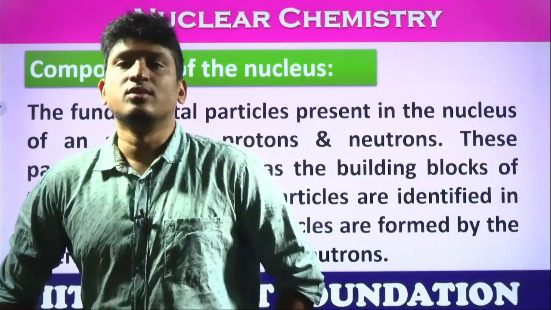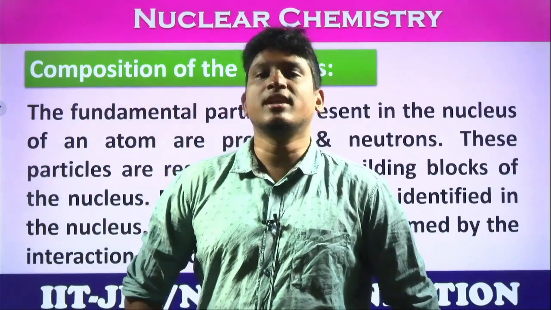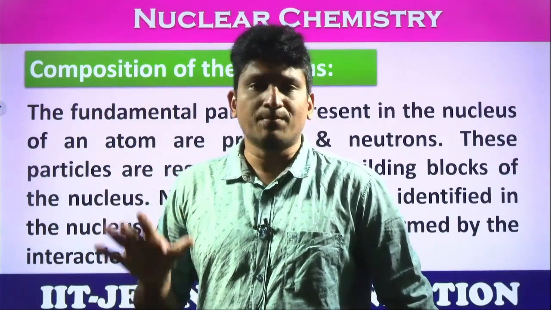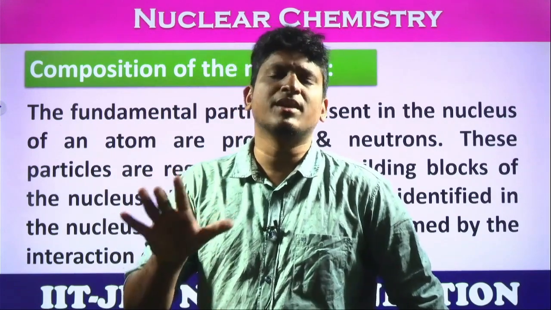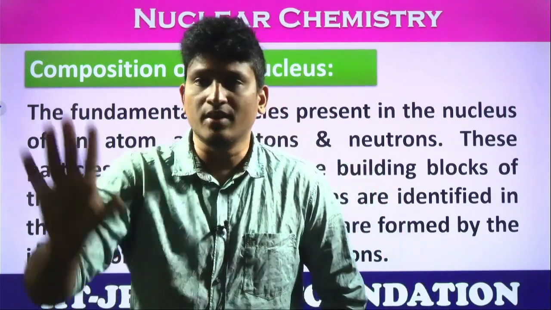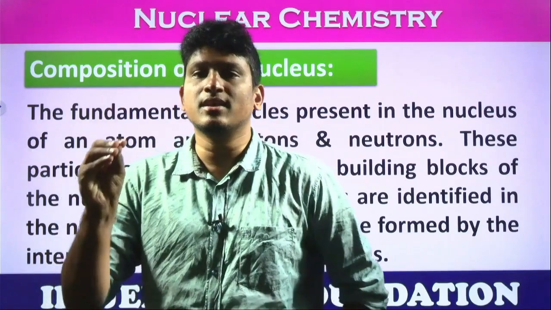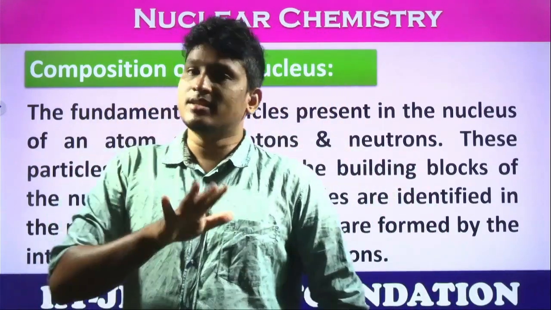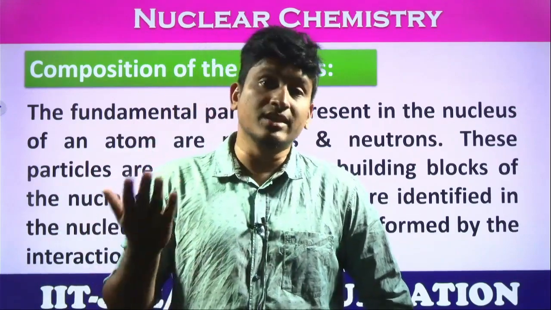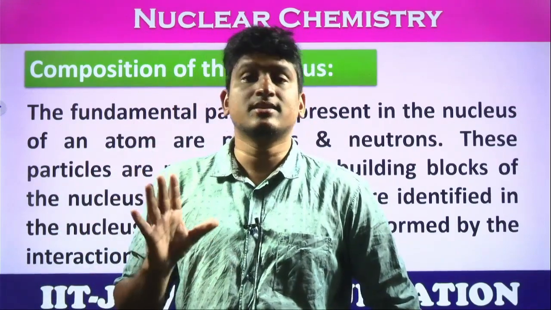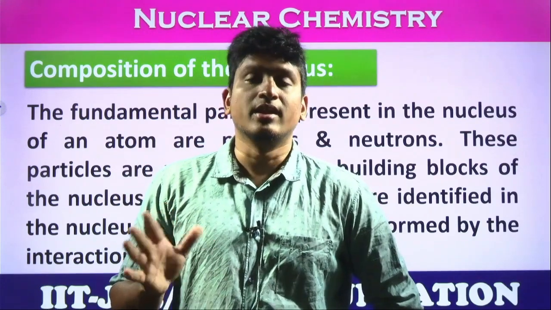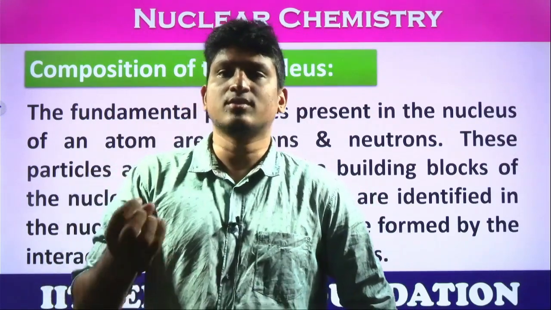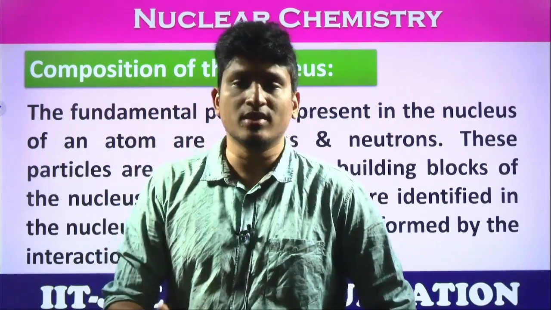Students, listen. As of now, the three main subatomic particles are protons, electrons and neutrons only. This chapter is nuclear chemistry, so we consider mainly the nucleus only. That doesn't mean electrons are not there, but we consider the nucleus only, students. These are the three main subatomic particles, but there are more particles present inside the nucleus of an atom, for example gluons, quarks, mesons, antiprotons, positrons.